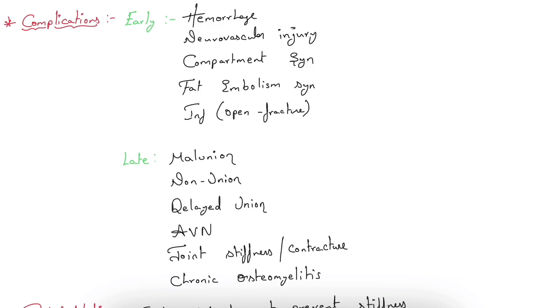This type of thing we can call compartment syndrome. Fat embolism is the golden point. If any person has a long bone fracture, that means pelvic bone, femur bone, femoral neck, or intertrochanteric fracture, this type of fracture can cause fat embolism, because the intramedullary fat, the bone marrow, can mix in the blood vessels, so it can cause fat embolism.